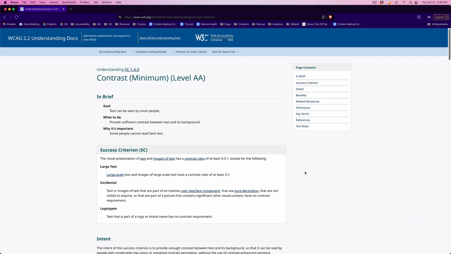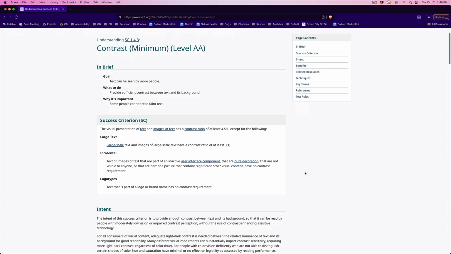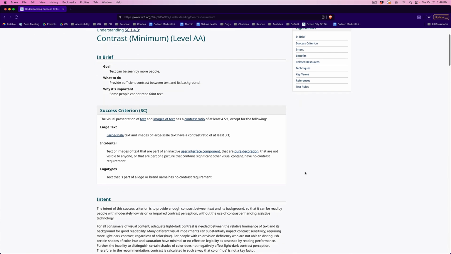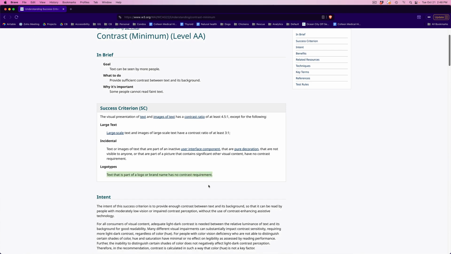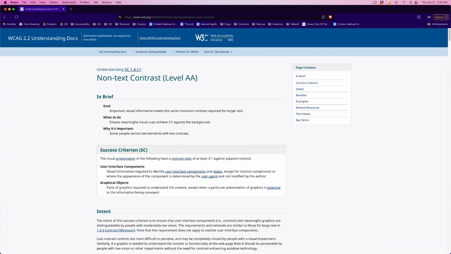Now, if you've spent any kind of time perusing the accessibility guidelines, WCAG, then you may have noticed that 1.4.3, contrast minimum for level AA, says that text must have a certain ratio with its background, with an exception being logos. Another guideline, 1.4.11, has to do with non-text contrast.